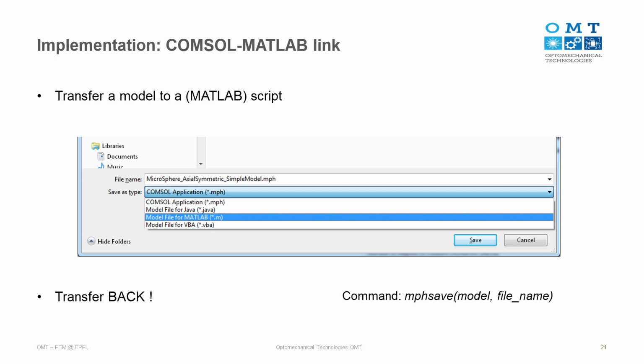If you want to know more details, you need to look into the menu of LiveLink for COMSOL MATLAB. The command is called mphsave. So you save your model, which is a structure in MATLAB, and then you define the name, which is a string. Eventually you end up with a file, and you can open this file under the software.